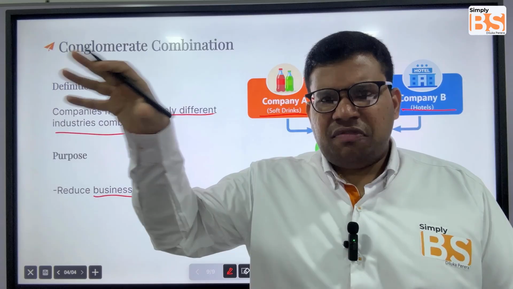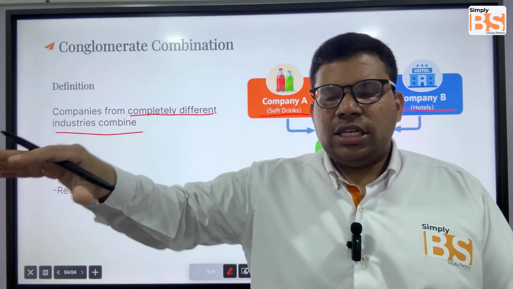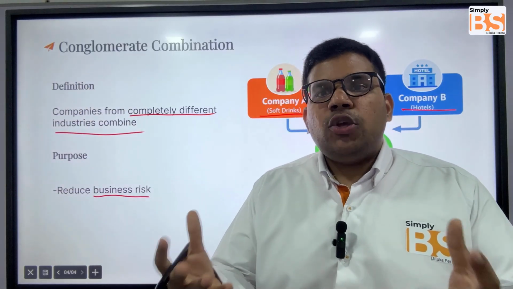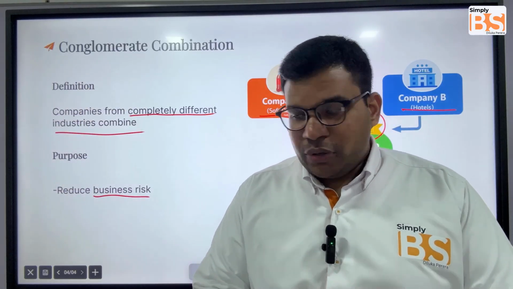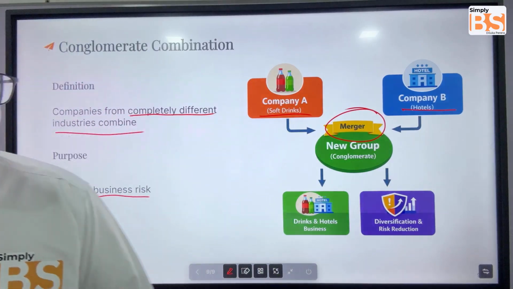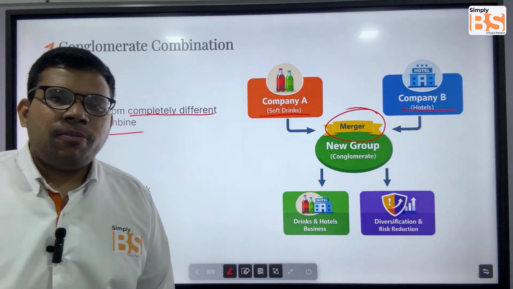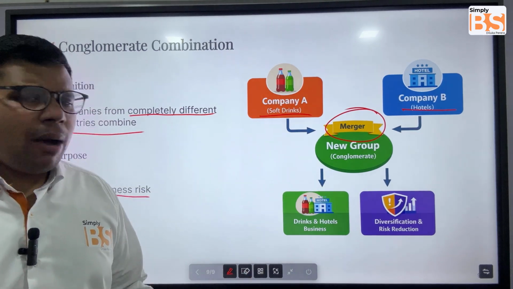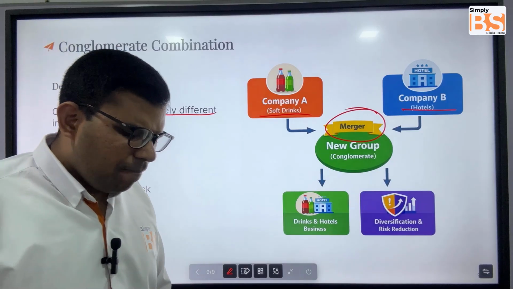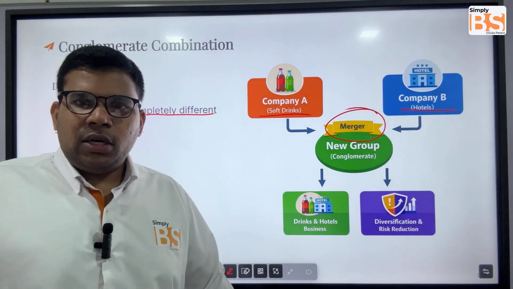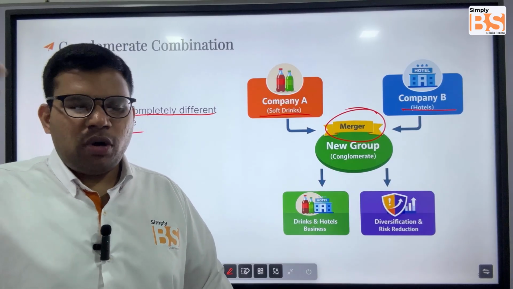If one business fails, if one industry doesn't perform well, don't worry, you have other industries that will bring you revenue and profits. That's the whole purpose of heading towards a conglomerate combination, where two or more companies from different industries combine together.